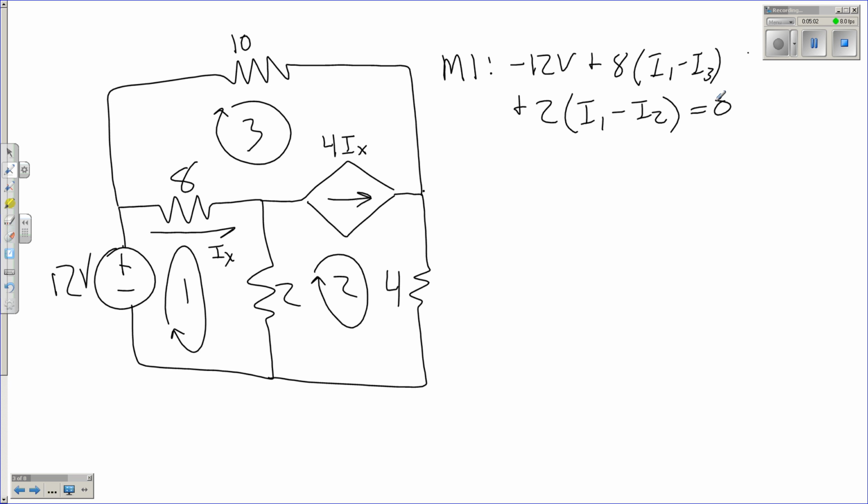All right. Now for meshes 2 and 3. That's going to be trouble because they're both on that branch with the dependent current source. So we can't actually describe either of those using this method.